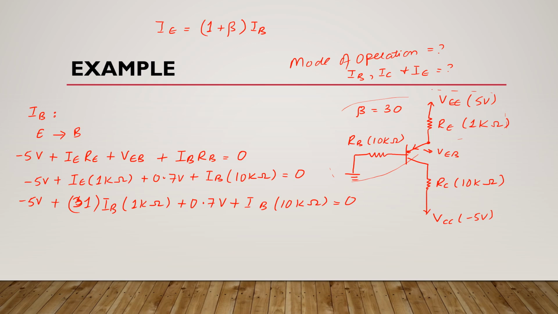Okay, and if we rearrange this equation, we get IB is equal to 4.3 divided by 41,000. Okay, after solving this, you will get IB is equal to 1.04 into 10 raised to the power minus 4 amperes. Okay, so this is your base current.